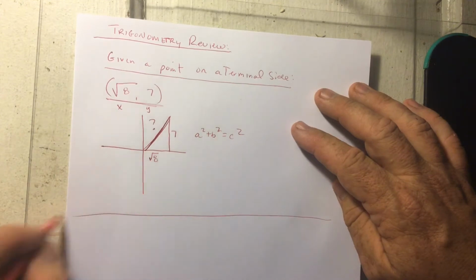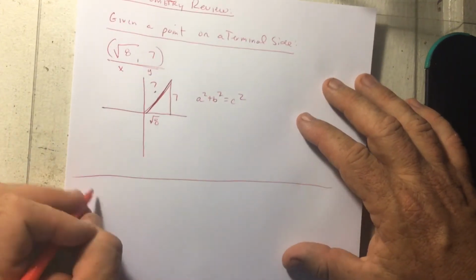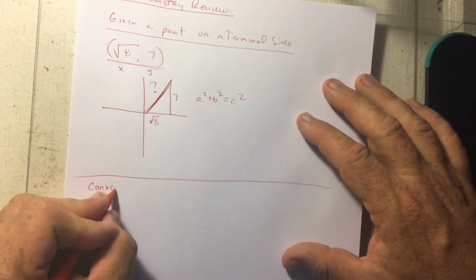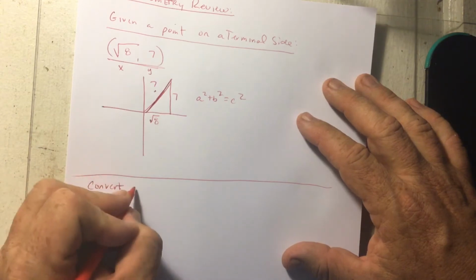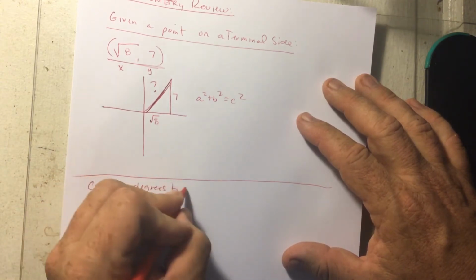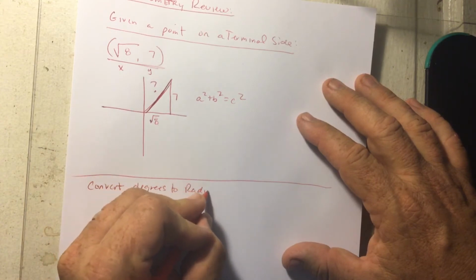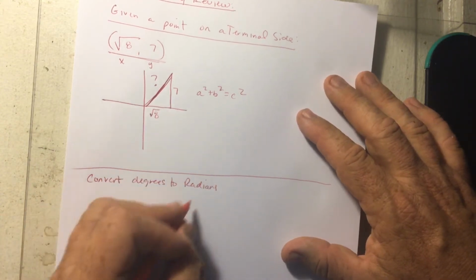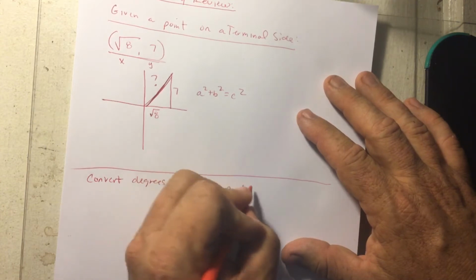Your conversion rates, converting degrees to radians and radians to degrees. Don't forget, and opposite.